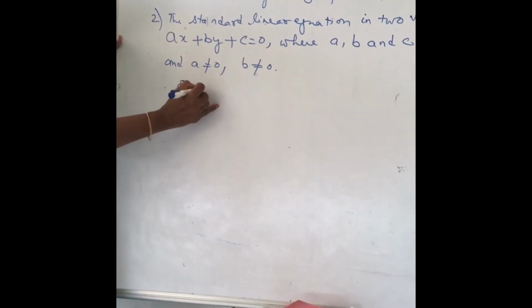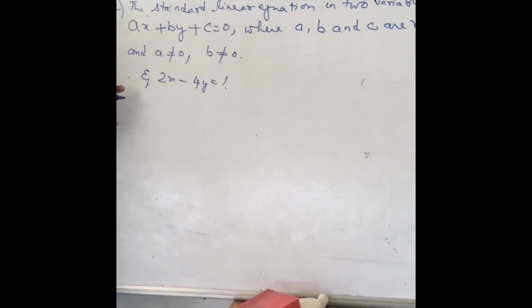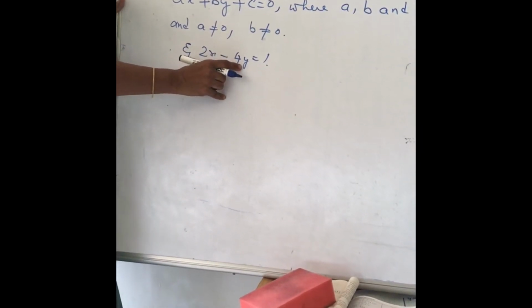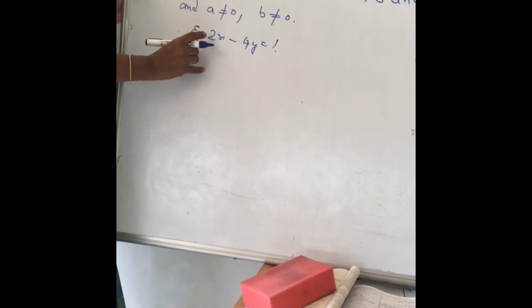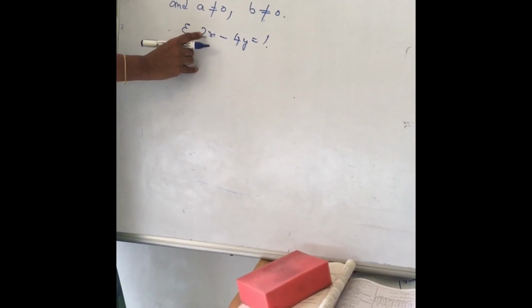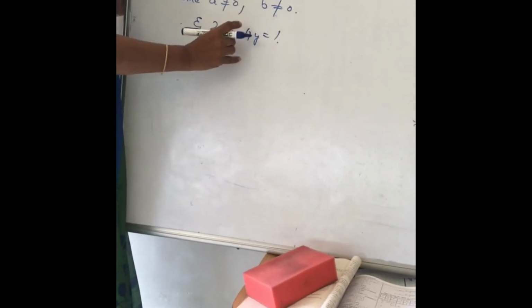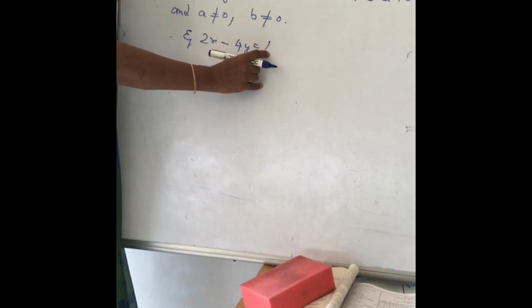Example, 2x minus 4y is equal to 1. Your variables are x and y. X coefficient is 2, so a is equal to 2. Y coefficient is minus 4 and c is equal to 1.